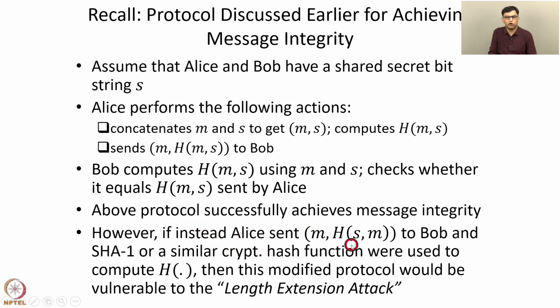Then the claim is that this modified protocol would be vulnerable to an attack known as the length extension attack. So we'll see that this original protocol is not vulnerable to the length extension attack, but if we use this modified protocol where Alice sends M, h of S, M to Bob, then this is vulnerable to the length extension attack when the hash function used is SHA-1 or a similar hash function. So we now describe the length extension attack.